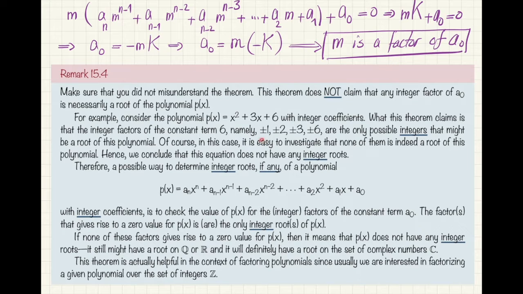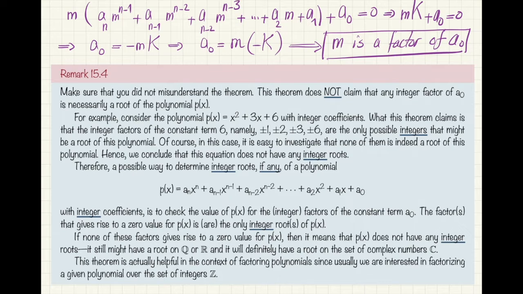But it tells you that if this polynomial is going to have an integer root, where to look for them? They are among these numbers. If you cannot find any number among these that satisfies the equation, it means that this polynomial doesn't have any integer roots.